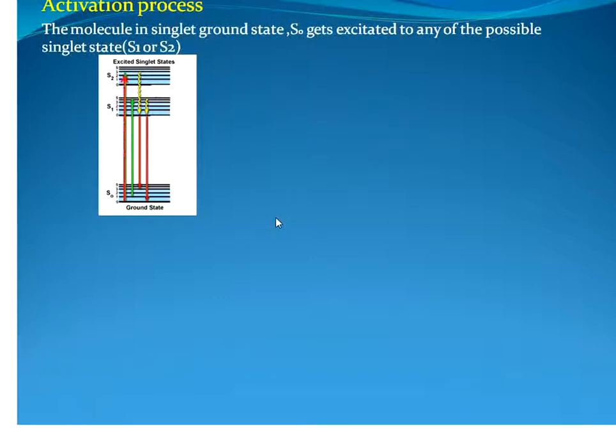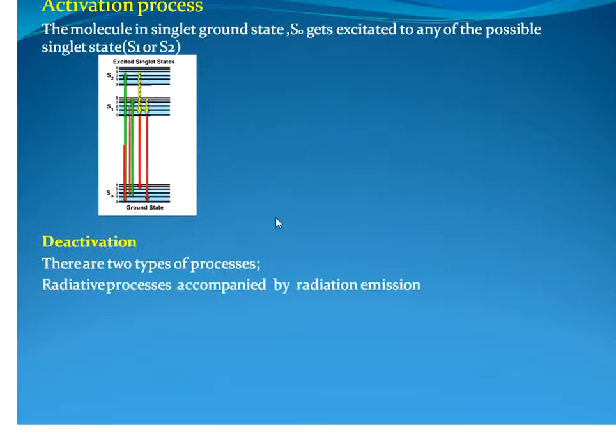A molecule, after absorbing light radiation, can be excited from the ground state to other excited states, for example S1 or S2, as we are seeing here. After excitation, we're going to have two processes.